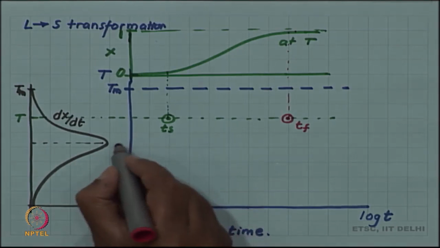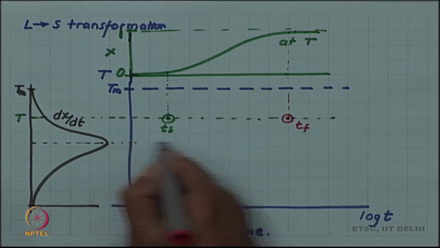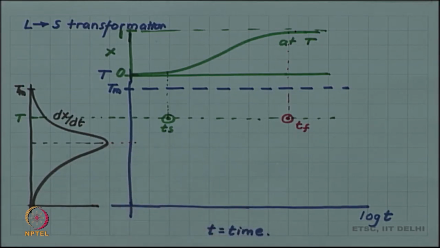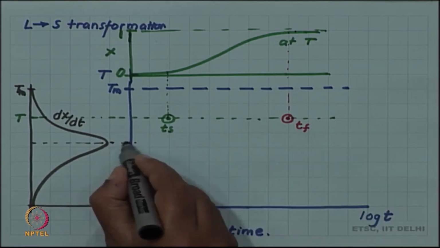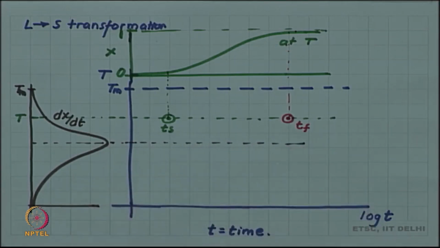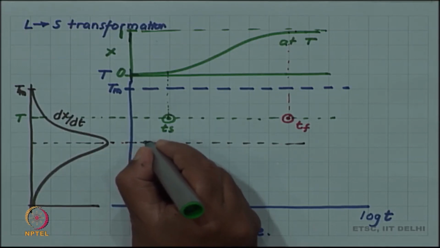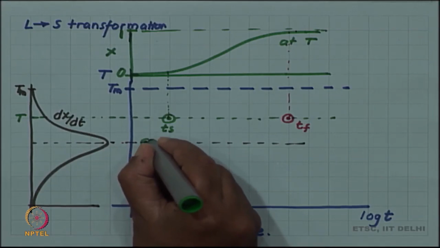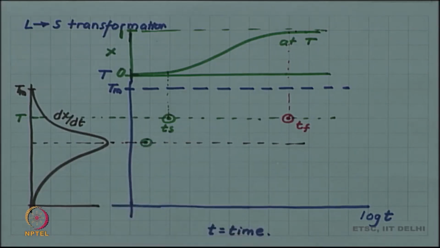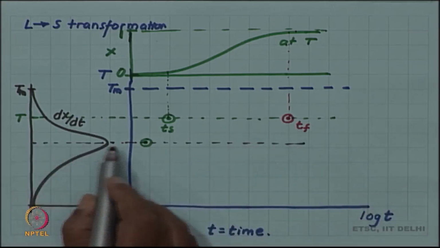Then obviously at the temperature at which you have the maximum rate, both the start time and the finish time will be shorter. The start time will be here and the finish time here, because the transformation rate is fastest.